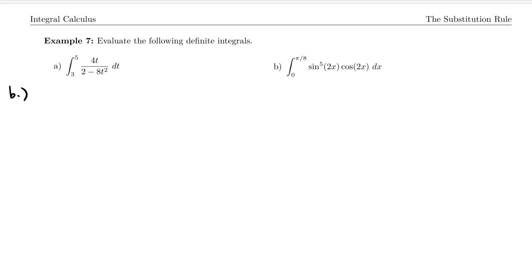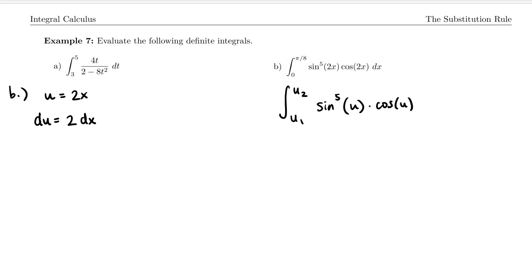This is an example where that's not going to work for us, because if I let u equal 2x, then du is going to equal 2 times dx. And what's going to happen is I'm going to rewrite my definite integral. And so we're going to get u1 to u2 of sine to the 5th power of u times cosine of u, and then dx, if I solve for dx, I get 1/2 du.